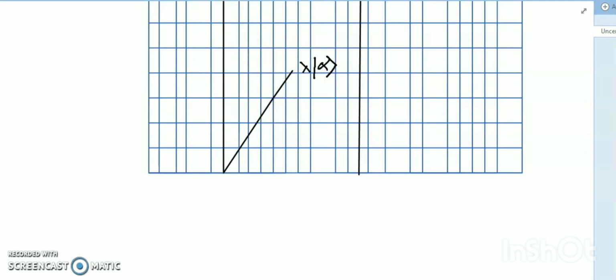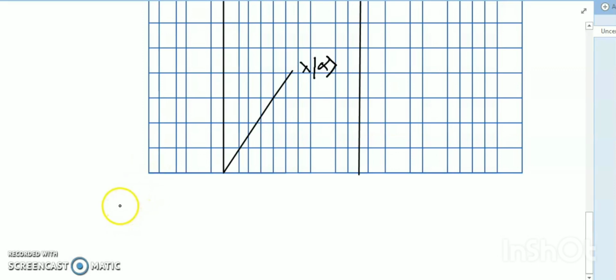Now, on the left we will first analyze how BA acts on alpha. So BA acts on alpha: A gives lambda, then B acts.